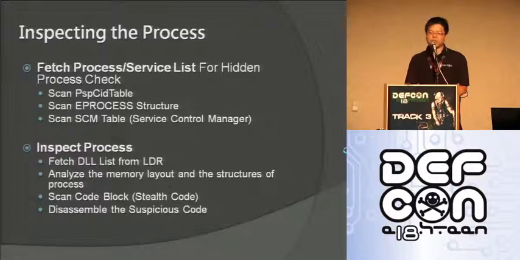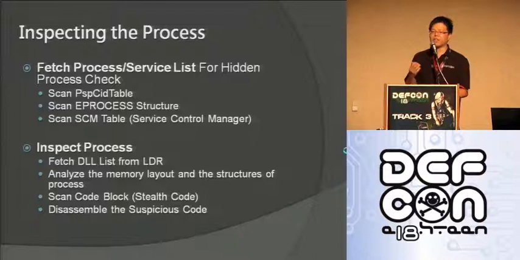And we find the difference between these two lists. To fetch the processes, we scan all the following tables, as you can see up here on the slides. By doing this, we identify the hidden process. We identify the process that is very suspicious.